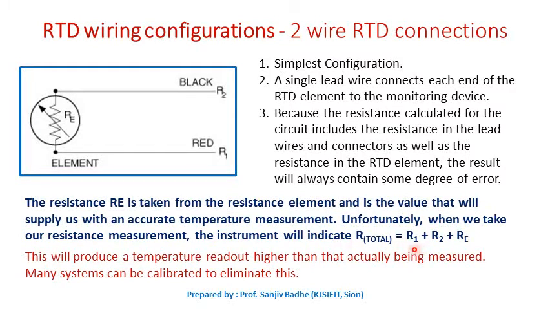We can reduce the values of R1 and R2 by using a large gauge wire, which will have less resistance, but we cannot completely eliminate R1 and R2. So, this 2-wire configuration is used with high resistance sensors or in applications where great accuracy is not required.